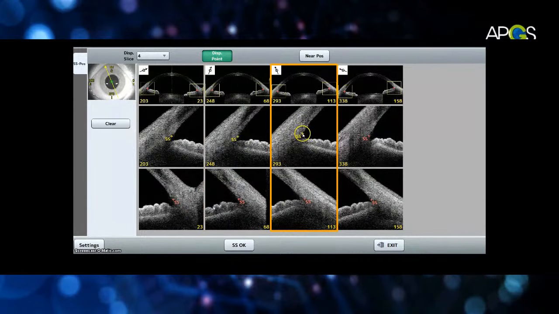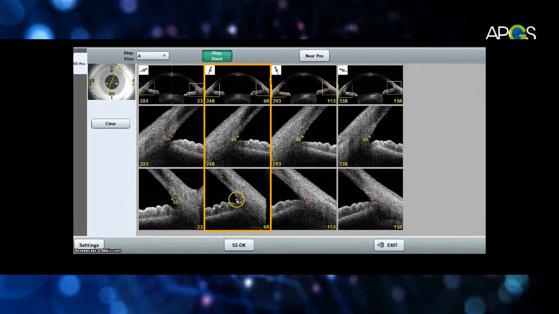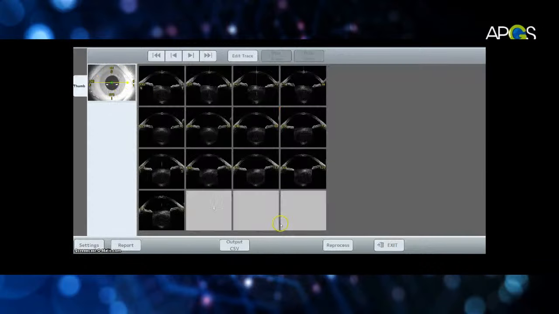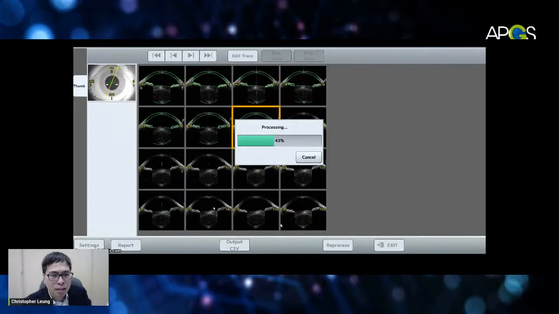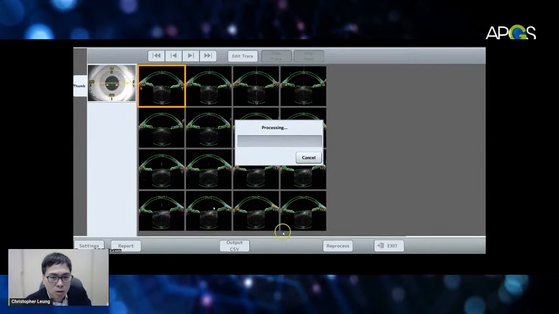By selecting 4 cardinal scans, we locate where the scleral spur is. The software automatically identifies the scleral spur, but it may not be entirely accurate, so we can still adjust its position if it is not correct. The software then automatically identifies the scleral spur in the rest of the B-scans. So all the 18 B-scans contribute to 36 angle location measurements.